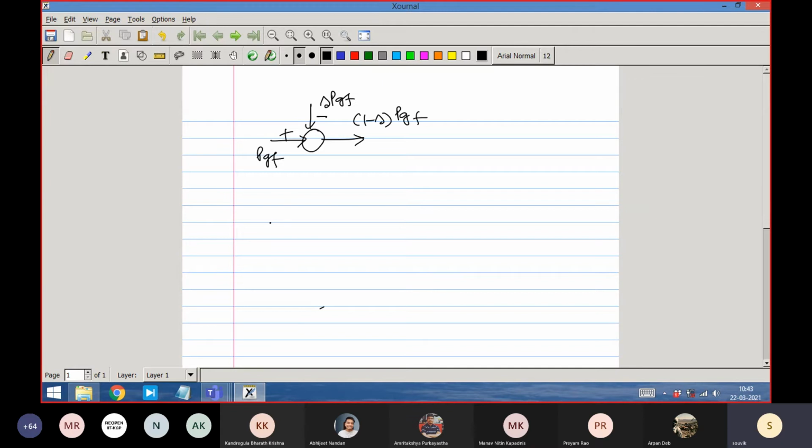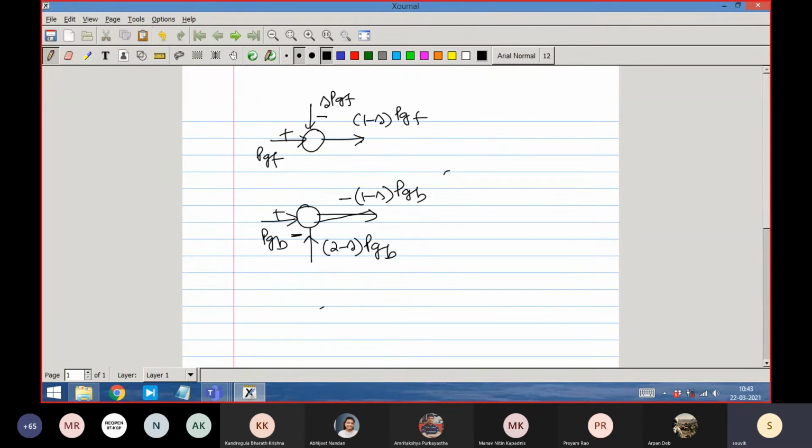And there is another block, PGB plus, this is 2 minus SPGB. This is minus, 1 minus SPGB. This is plus and this is minus, right?